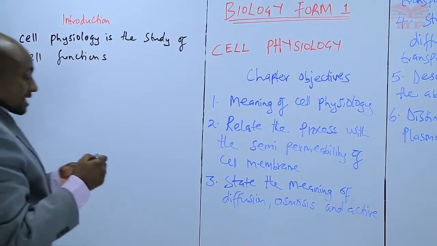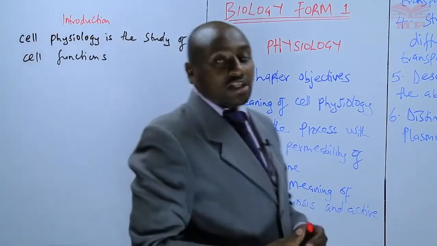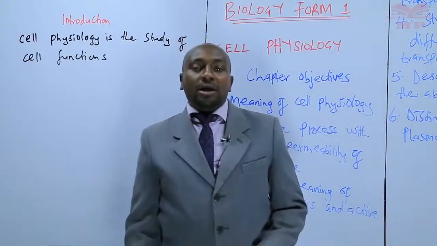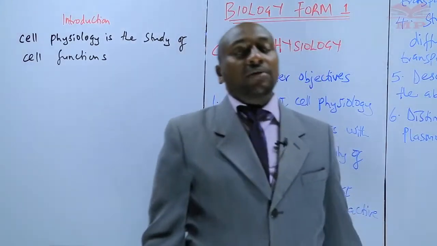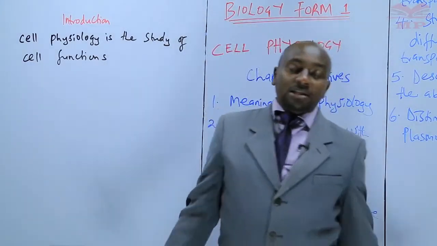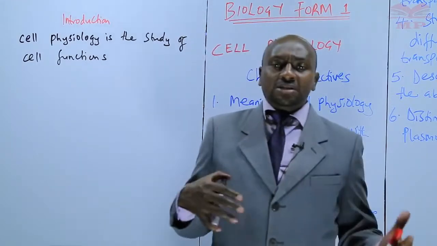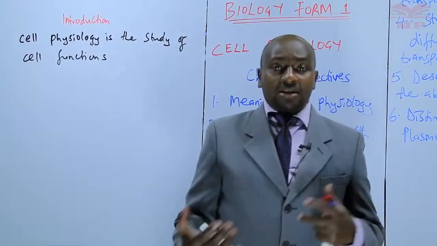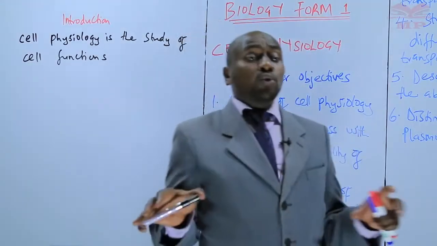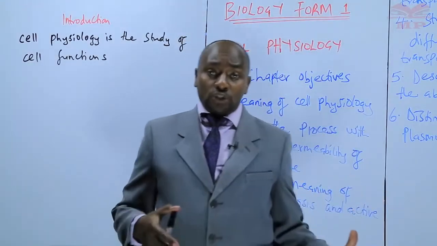And of course, in a cell, we know that we have different structures. We have the cell membrane, we have the mitochondria, we have the chloroplasts, if it is a plant cell. So we need to understand how those structures function within the cell. So basically, we shall be dealing with cell physiology.